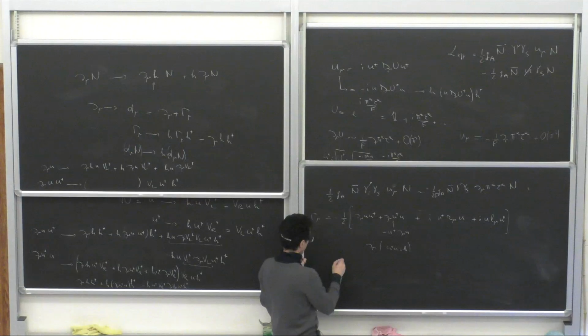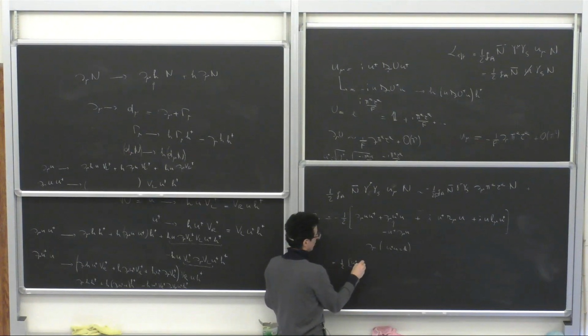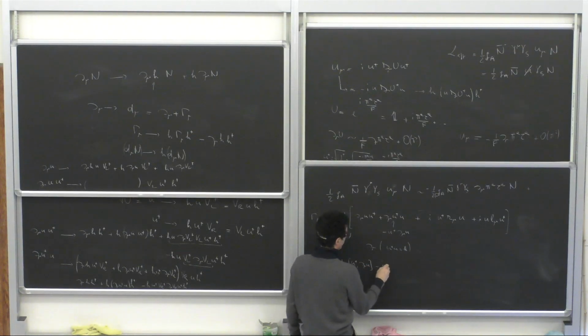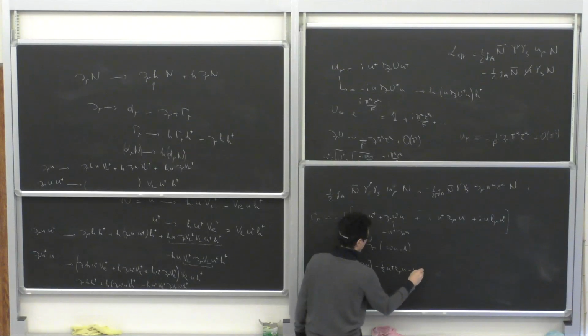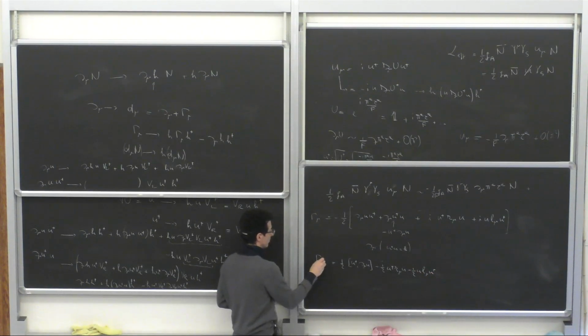So you have the 1/2 commutator of U d_mu U plus terms involving the sources, U dagger R_mu U minus i over 2 U L_mu U dagger. Okay, this is the chiral connection.